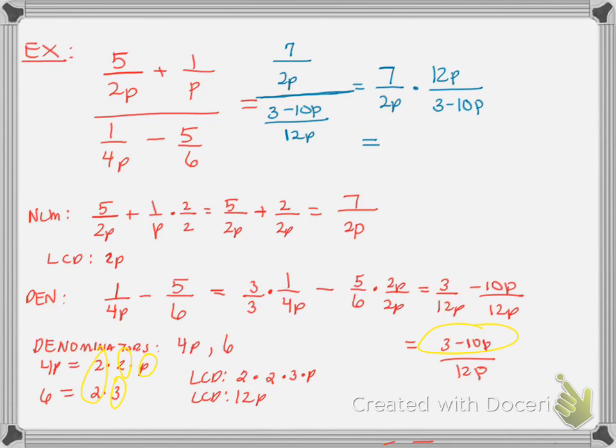Now we want to simplify this completely. So I'm looking to see, this is what's important, in my denominator, that 3 minus 10p doesn't look like it's going to go anywhere, right? Because there's nothing in the top that looks even close to a 3 minus 10p. But in my 2p term, it looks as though something here can be simplified, right?